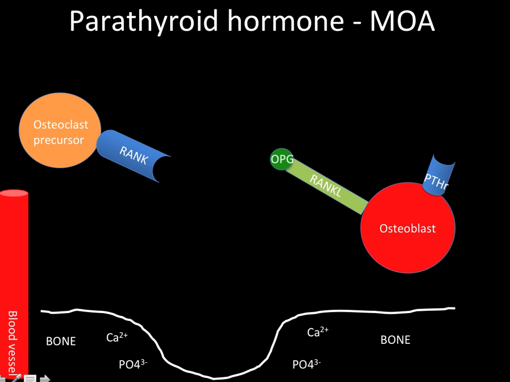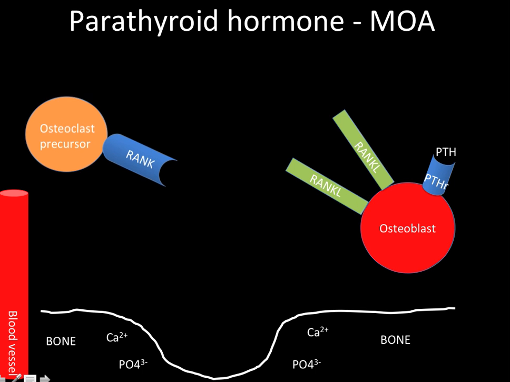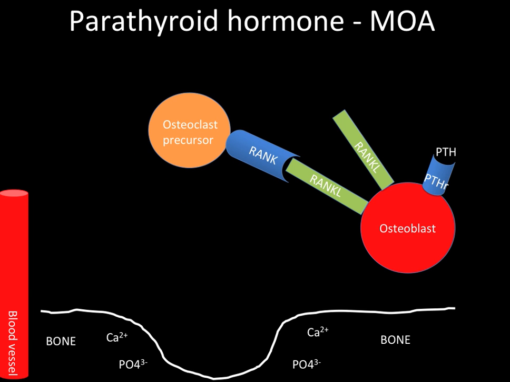Now, what happens is that in the presence of parathyroid hormone, that comes down and binds onto the parathyroid hormone receptor. And two things happen when this binds. The first is that osteoprotegerin is no longer synthesized. The second is that RANKL, this ligand, is upregulated, so more of them get expressed. This means that the osteoclast precursor can now come and bind to RANKL.